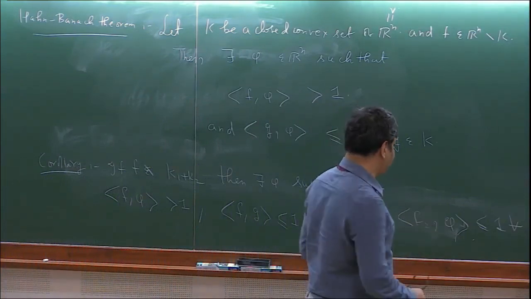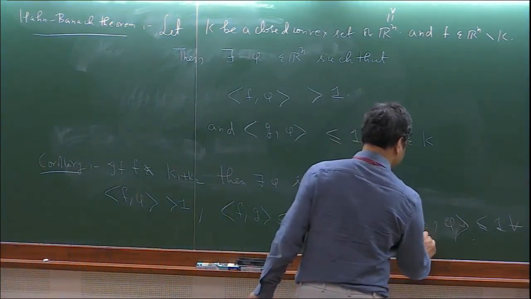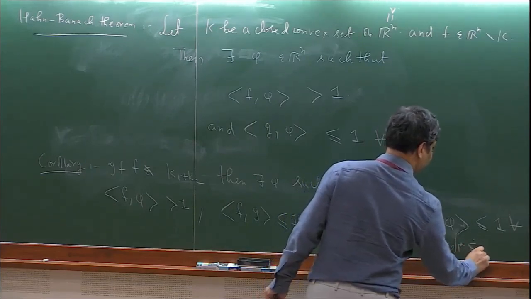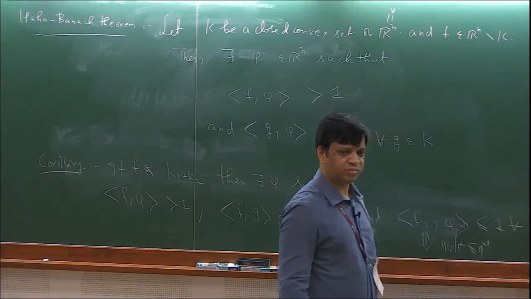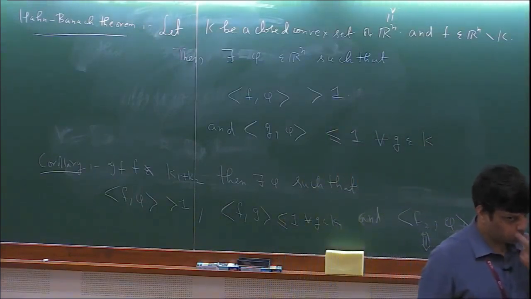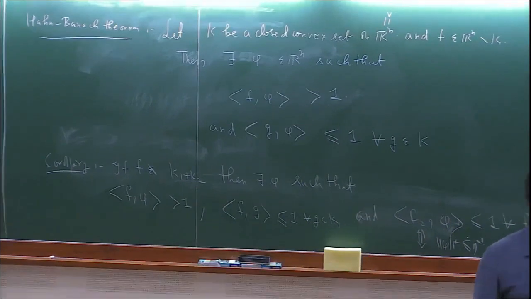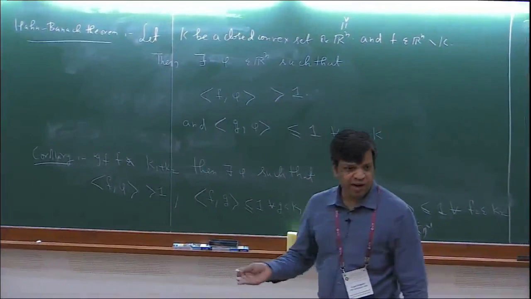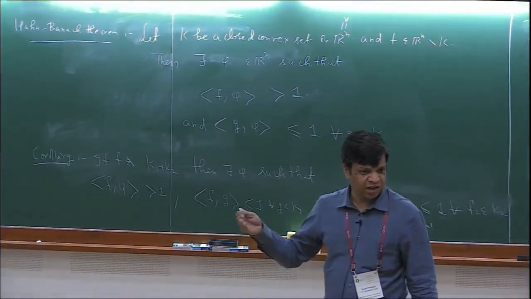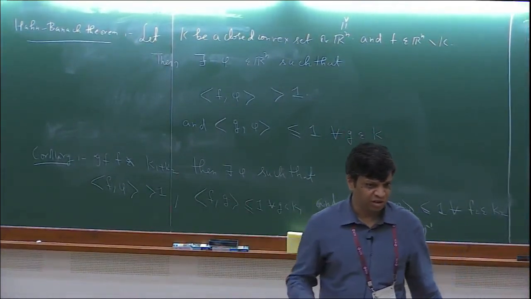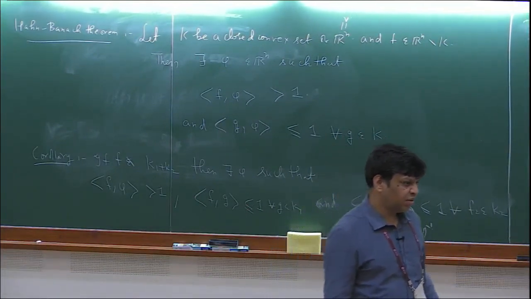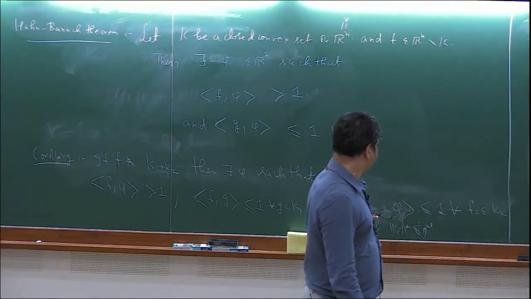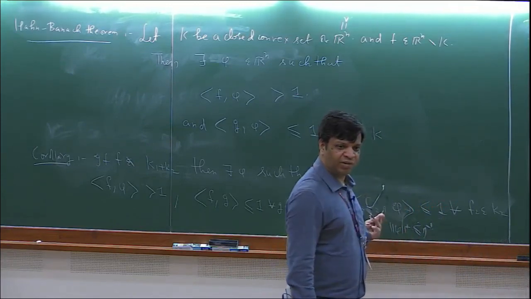Therefore, this condition is nothing but saying that the norm of phi star is less than or equal to eta inverse. I can scale it by eta, then f2 by eta will be a unit ball. And the norm of phi star is equal to the supremum of the inner product of f2 with phi over all f2 in the unit ball.